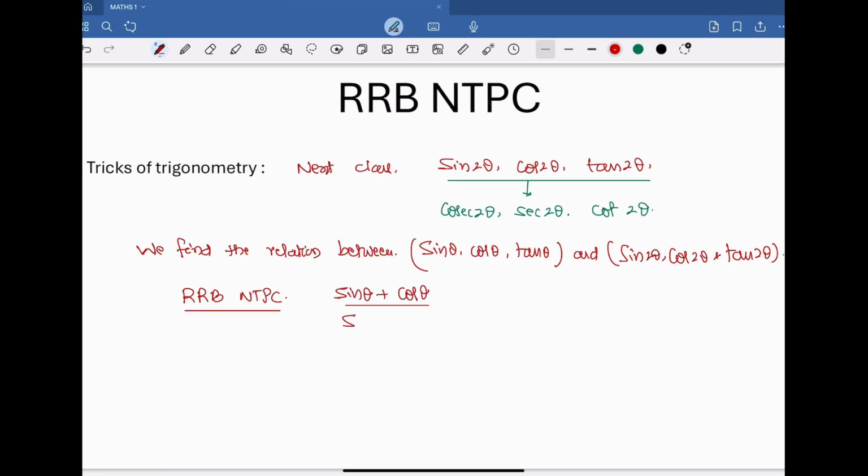Sin theta minus cos theta is equal to root 3 minus 1 divided by root 3 plus 1. And then it is asked to find theta. Theta is equal to how much?